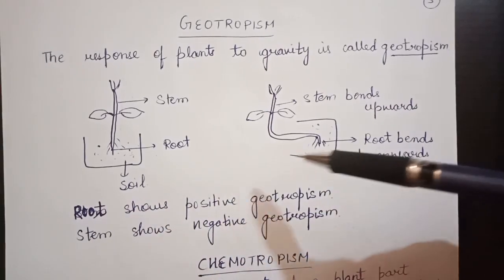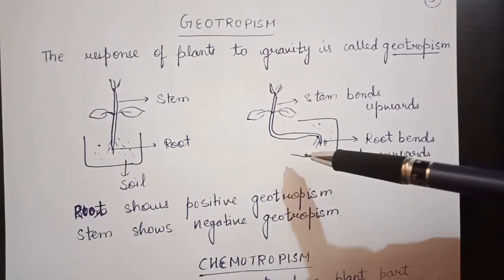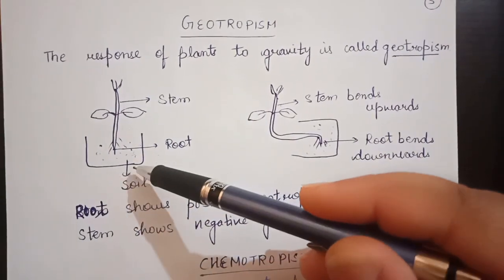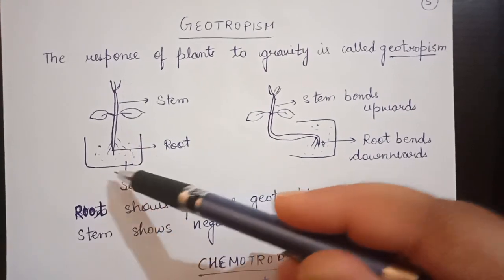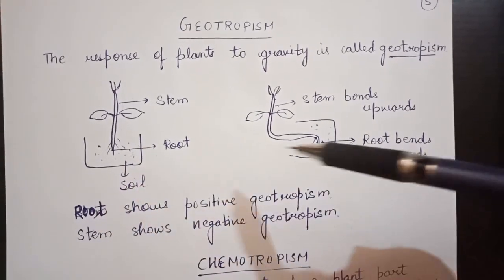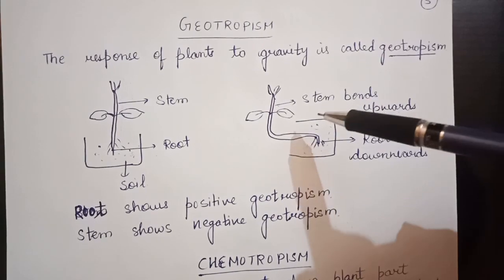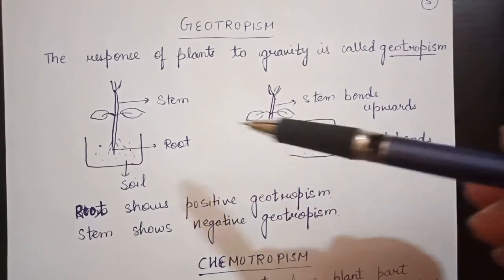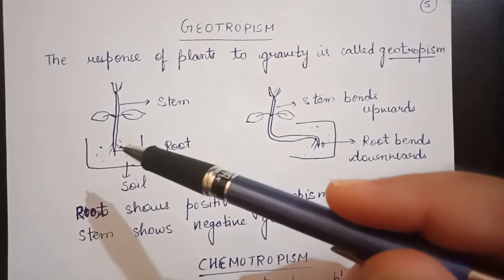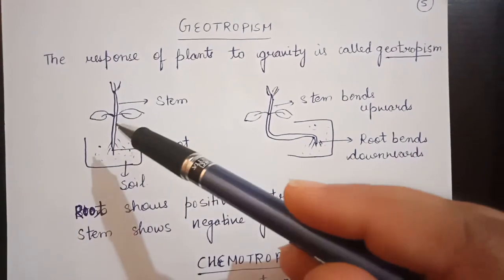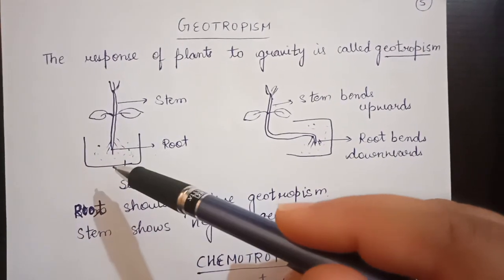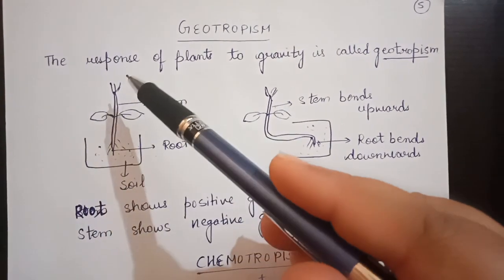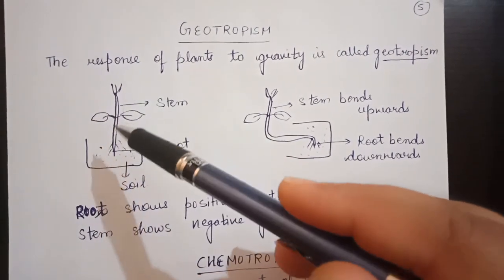Here we have taken two situations. In the first case, the pot is present in a normal position, and in the second case it is present in a tilted position. Okay, now what happened in the first case? The roots will grow downward and the stem will move upward.